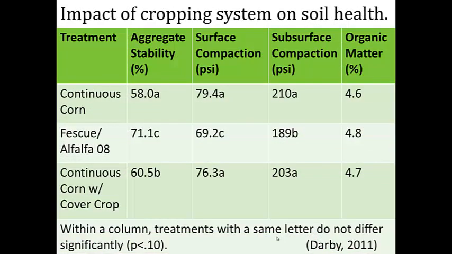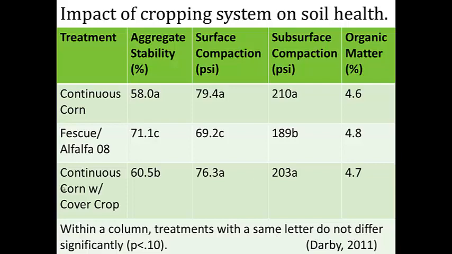This is an example of the impact of cropping systems on soil health. And this particular study was evaluating soil health under a cropping system of just continuous silage corn, or a cropping system that has just fescue and alfalfa, so a permanent perennial forage stand, and also a cropping system that had continuous corn silage with the addition of a cover crop.